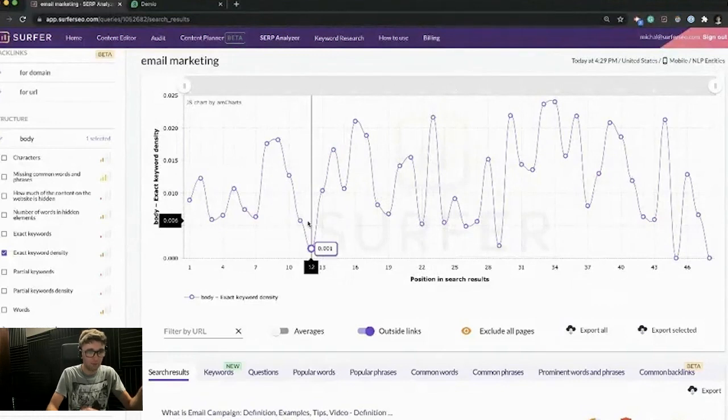While we can have the opposite situation with SendPulse, our kind of page that we are roasting, maybe not roasting, that we are trying to help today. They are underutilizing this keyword. And if I see something like this, it definitely tells me that it will be a great idea to put more exact keywords on this page, not only in H1, but also in the title and in the whole body.